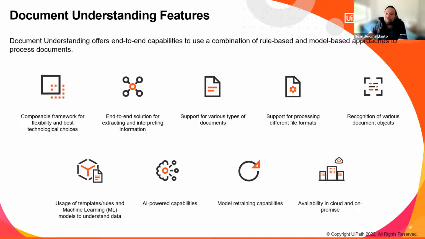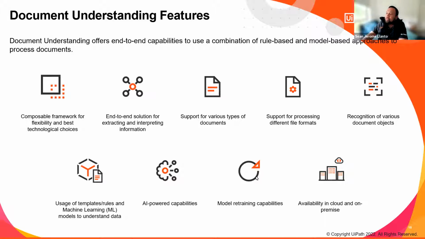It uses both templates and rules, and machine learning models to understand the data. The models part is the AI-powered capability. It has a lot of pre-trained models that you can readily use, and it is available on cloud and on premise.